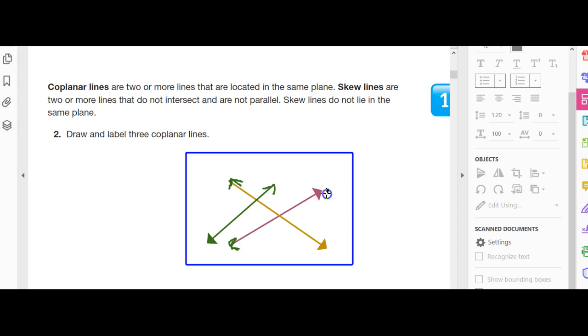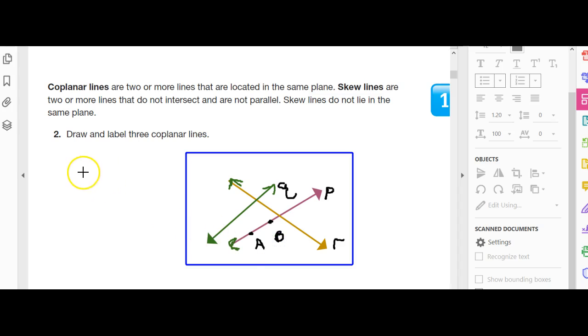So I might call this lowercase p. So that would be line p, and this might be line lowercase q, and this could be line lowercase r. Otherwise, I could pick 2 points on a line, like this one here and this one here, and with capital letters, maybe I call that A, and I call that B.